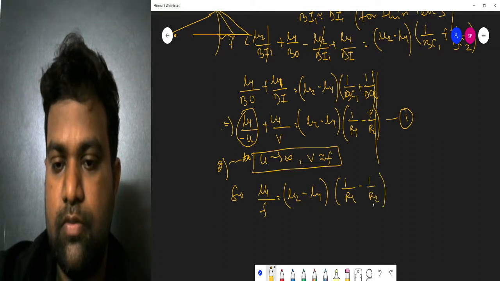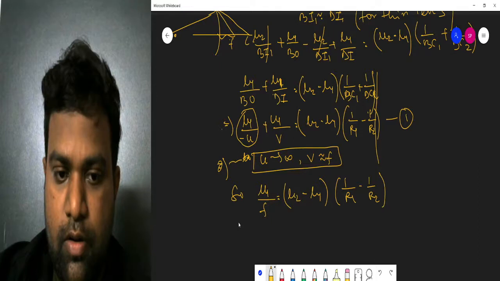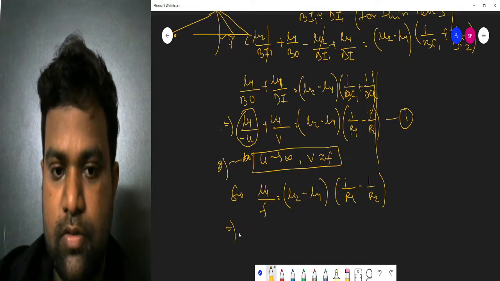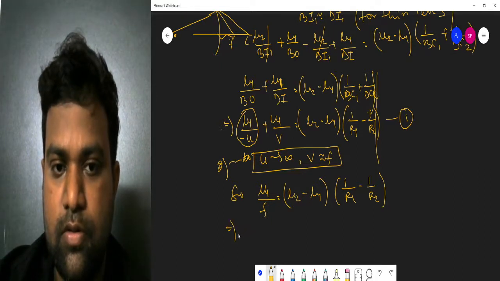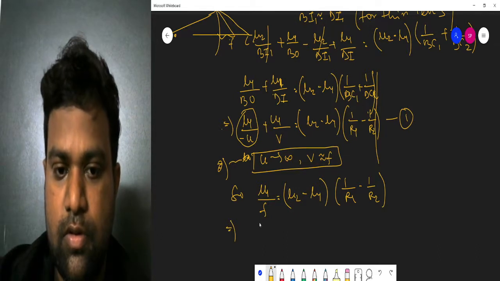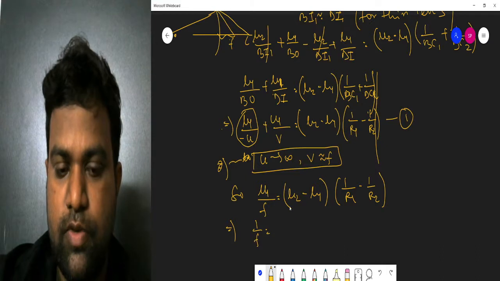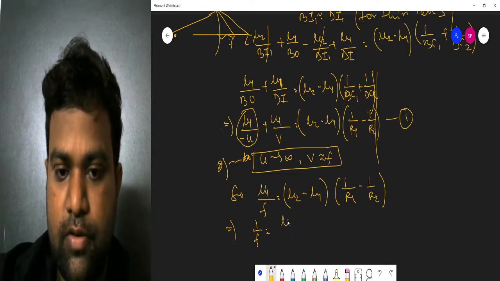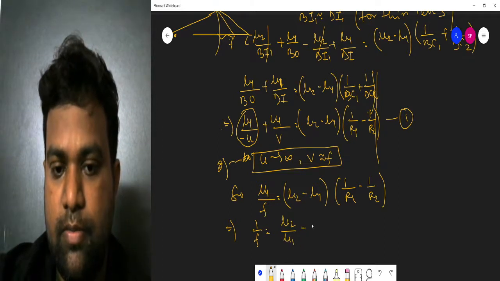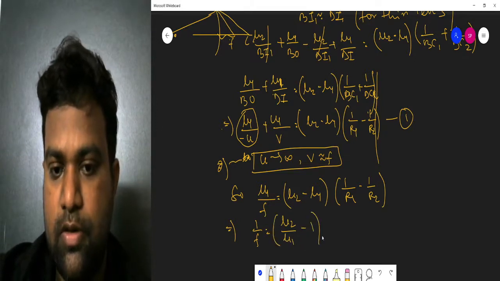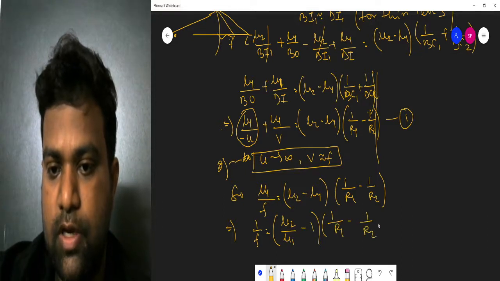Okay, or you can write 1 upon f is equal to, you can divide here, bring to the right side, mu2 upon mu1 minus 1 into 1 upon r1 minus 1 upon r2.